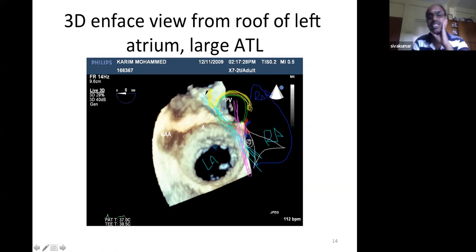This green color is the interventricular septum. So this anterior AV node will gain entry, whereas this posterior AV node will not gain an entry.